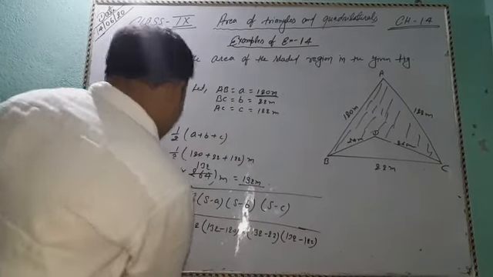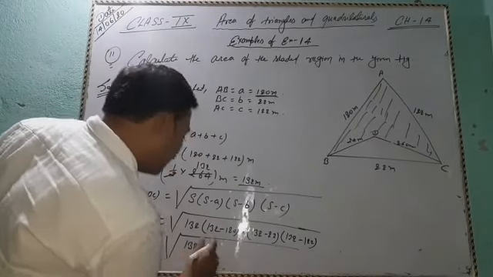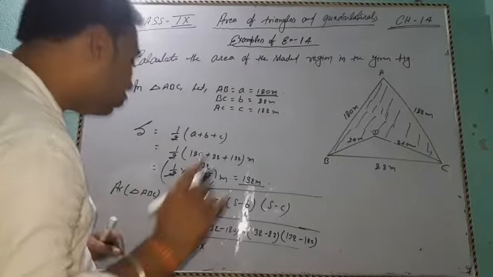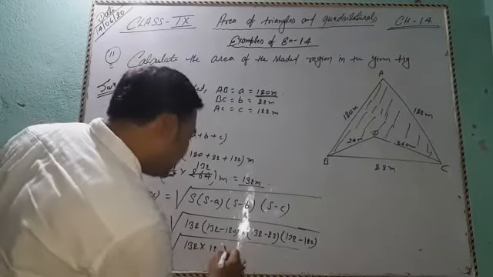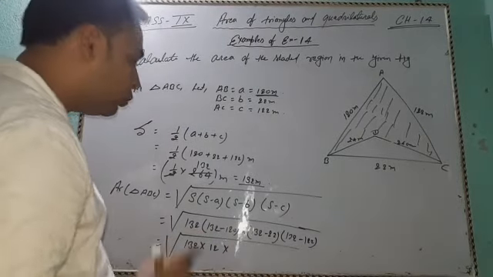So equal to 132 multiply 132 minus 120 equal to 12. 132 minus 22 equal to 110.